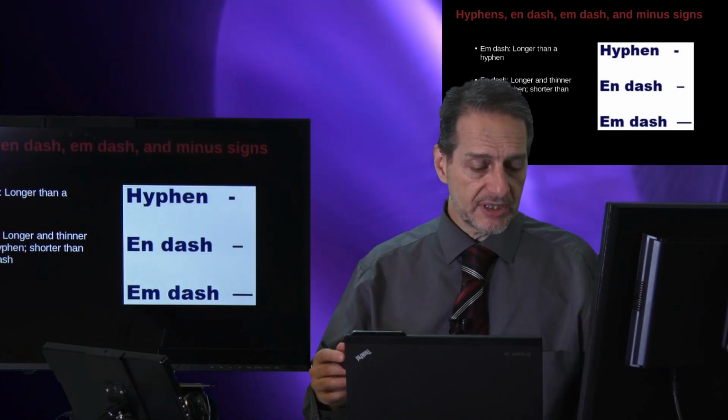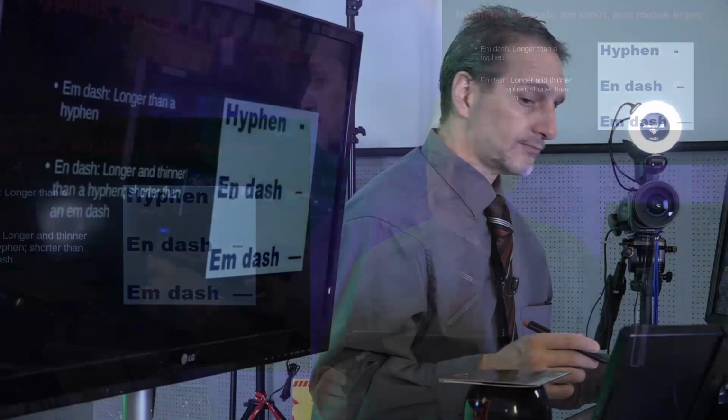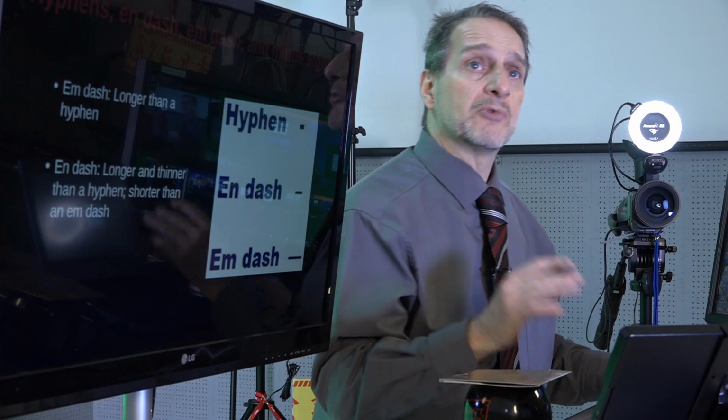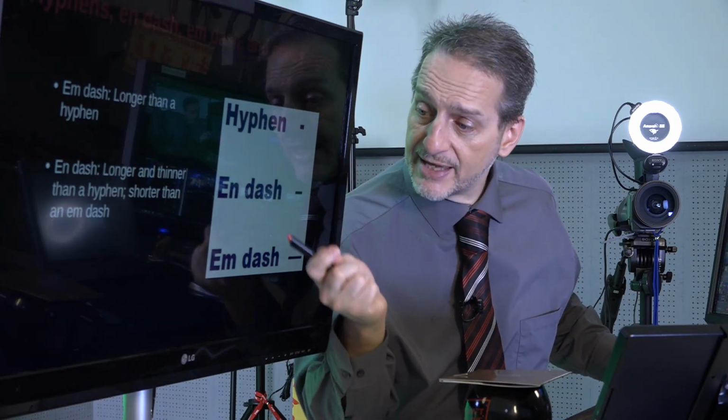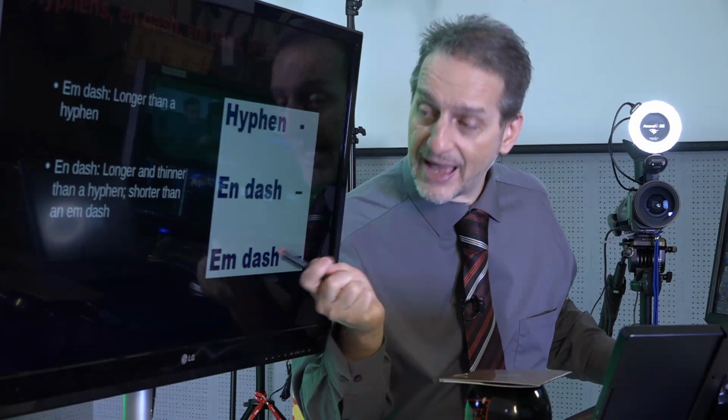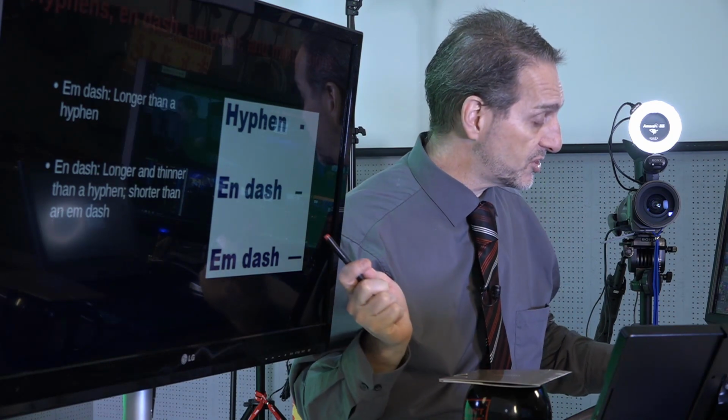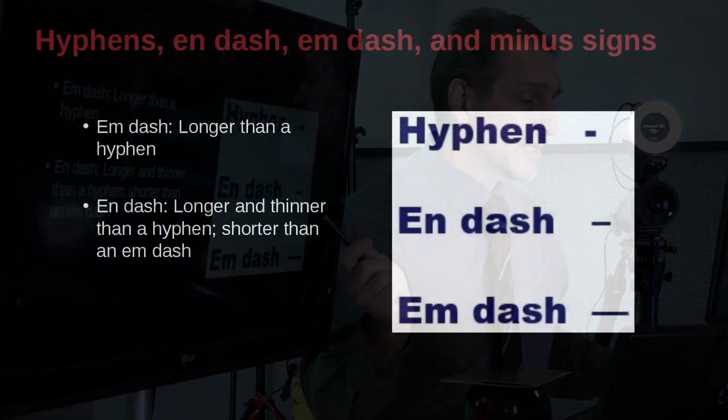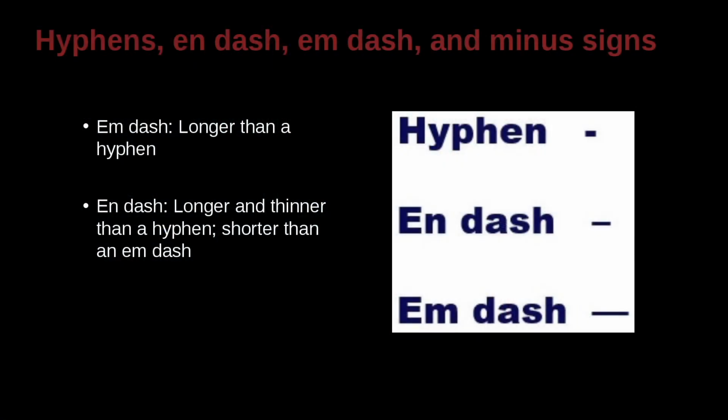So very quickly here we can look at this example where we have the hyphen, n dash, and m dash. Now these are going to be the ones we use most often. You can see the hyphen is short and kind of a little bit fat, pudgy. The n dash is a little bit longer, and the m dash is longest.